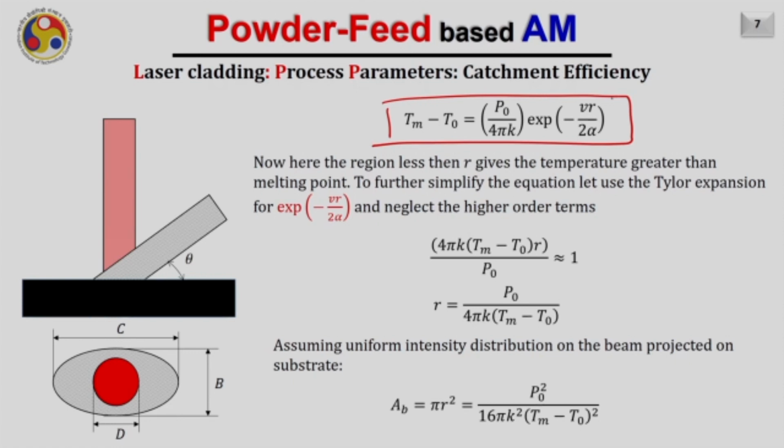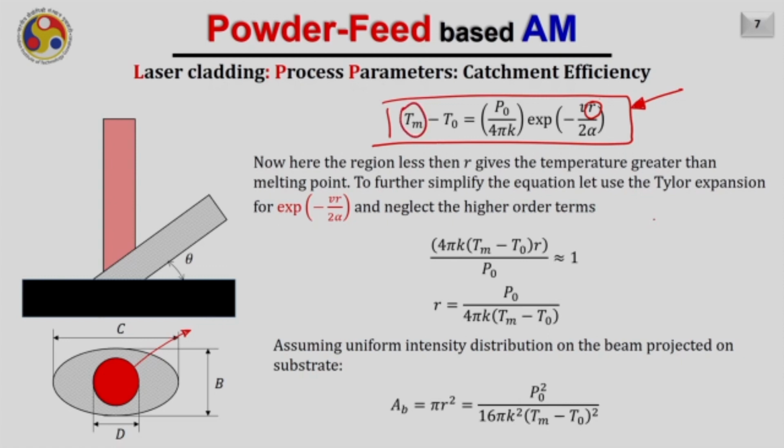From this equation we can easily find the value of R. Of course this equation itself is quite simplified and you can use it directly to find the radius of the zone inside which the temperature is greater than the melting temperature, but let us further simplify it.